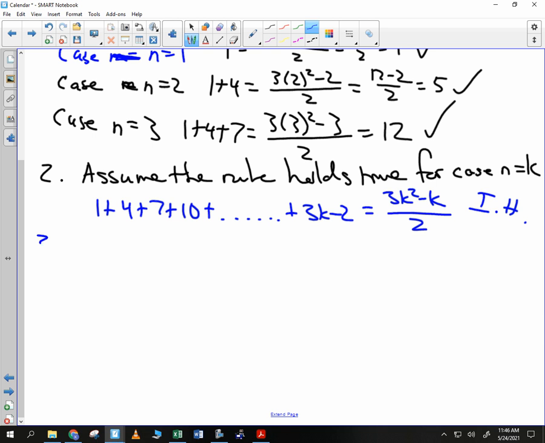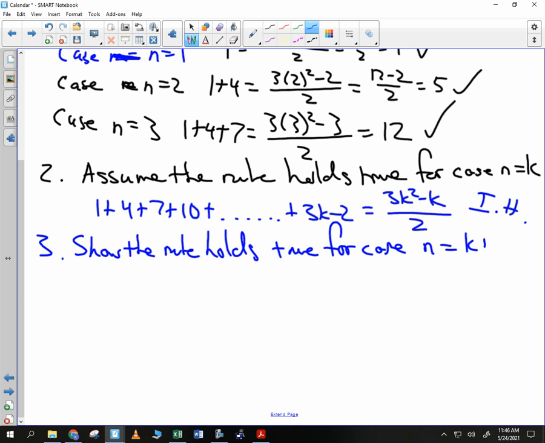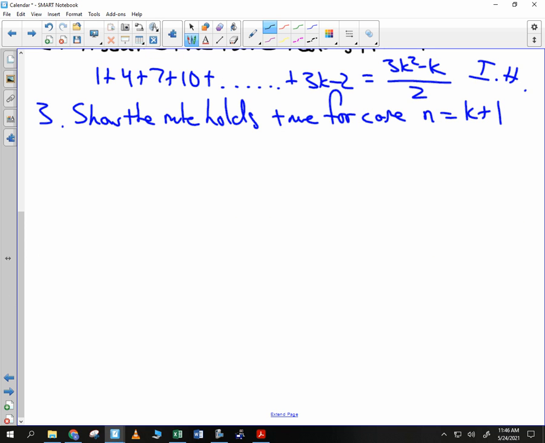So number 3, then show the rule holds true for case n is equal to k plus 1. So please make sure that you have this identical. 1 plus 4 plus 7 plus 10 plus dot dot dot plus 3k minus 2.